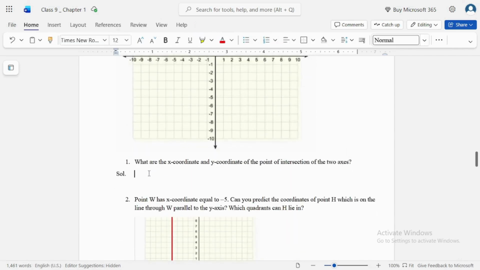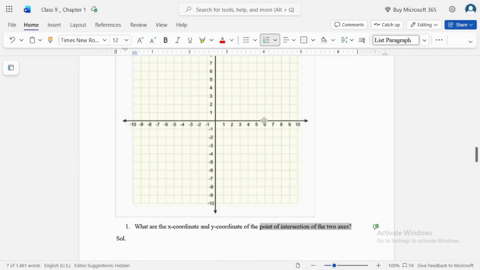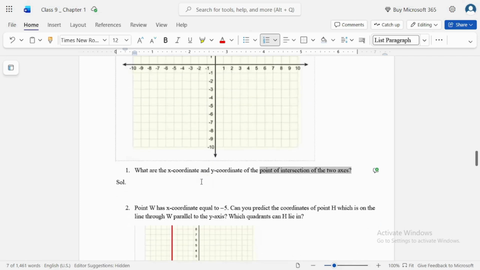It says, what are the x coordinate and y coordinate of the point of intersection of the two axes? So to answer this question, first we should know what is the point of intersection of two axes, right? Let's see this graph sheet for reference. This horizontal line is called x-axis, this vertical line is called y-axis, and what is the point of intersection of these two axes, which is the middle point? It is called origin. Let me write it down.